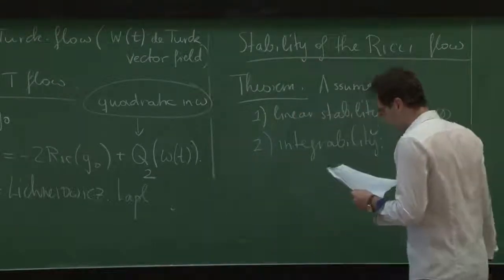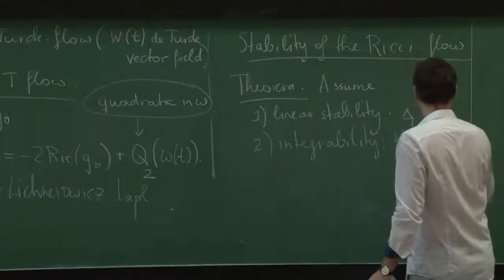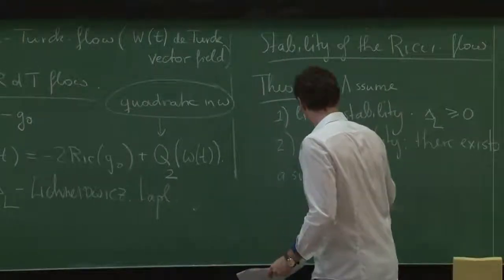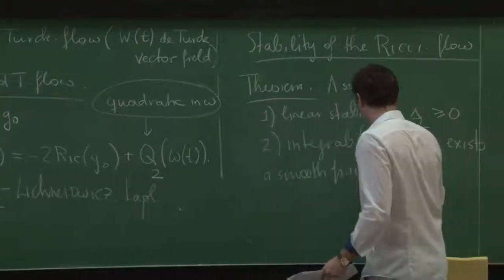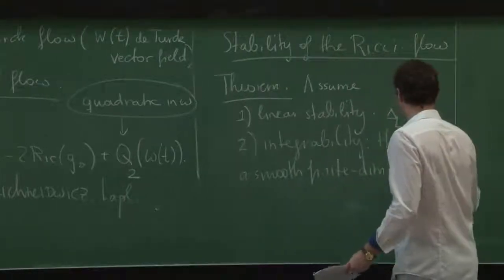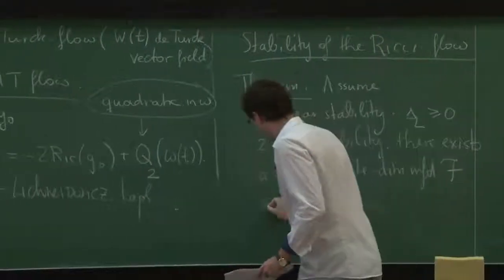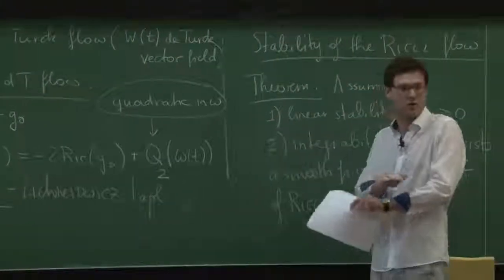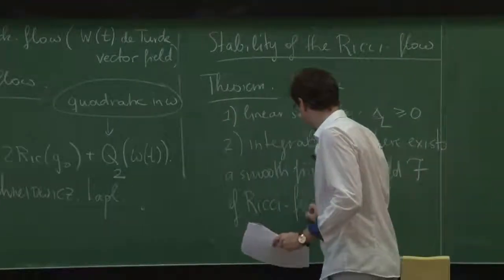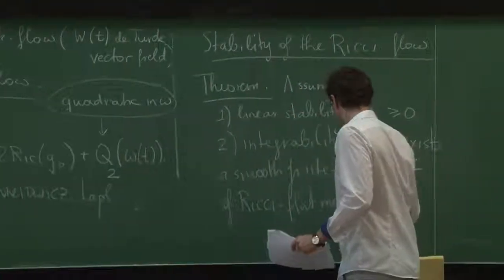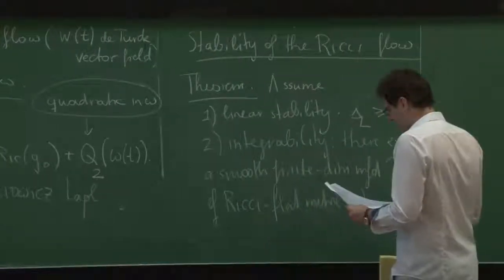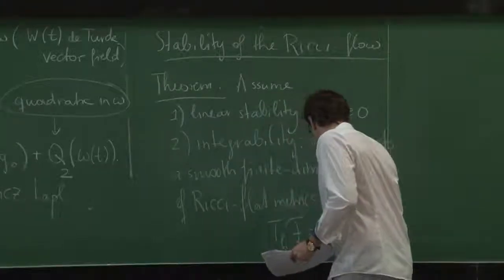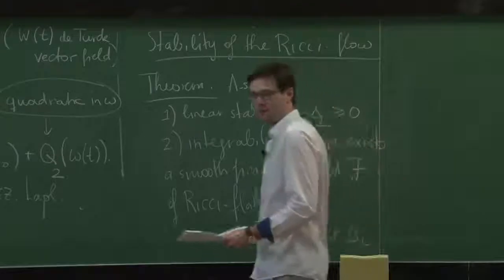What is integrability? It means there exists a smooth finite dimensional manifold F of Ricci flat metrics. Ricci flat means the Ricci curvature is 0. Such that the tangent space of that smooth manifold equals the kernel of the Lichnerowicz Laplacian.